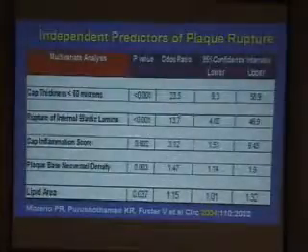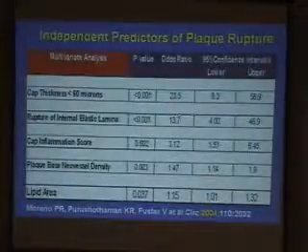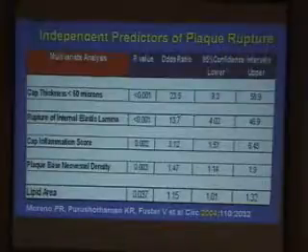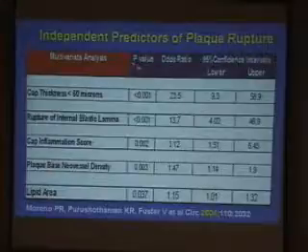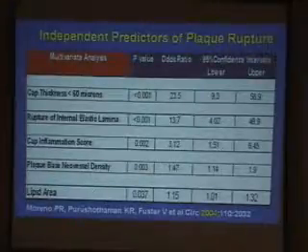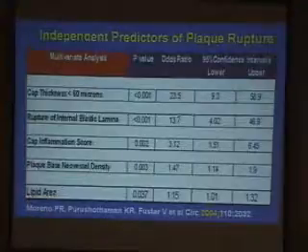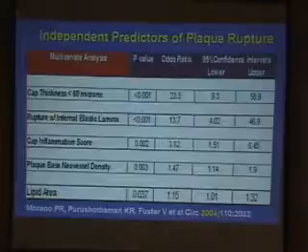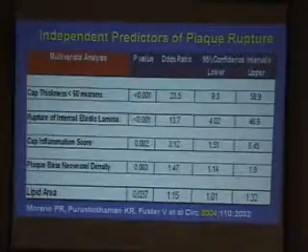I think this is a key slide. In this autopsy study, when you look at the association of the types of lesions with plaque rupture, you realize that the least important mechanism was how much lipid was there. What was very important was the rupture of the internal elastic lamina and how many vasa vasorum enter.